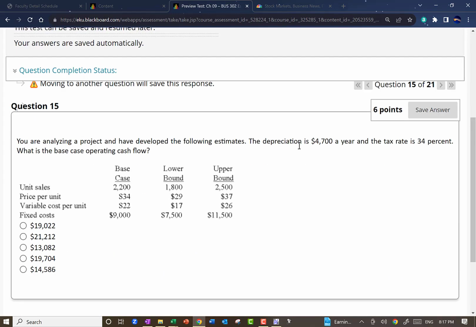Okay, you're analyzing this project. Here's an example of scenario analysis. What is the base case operating cash flow? Well, let me copy this as a picture.